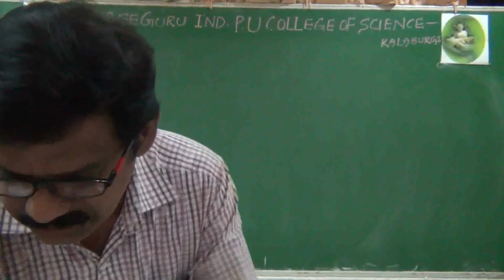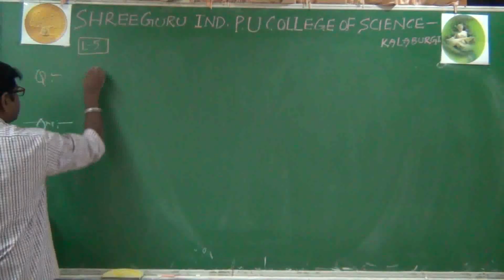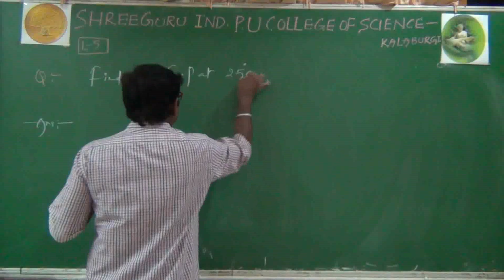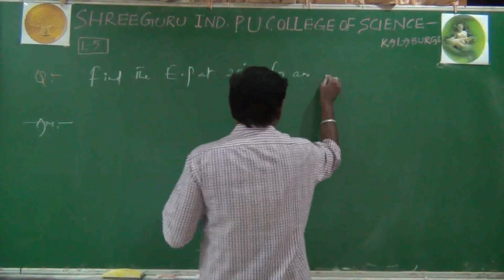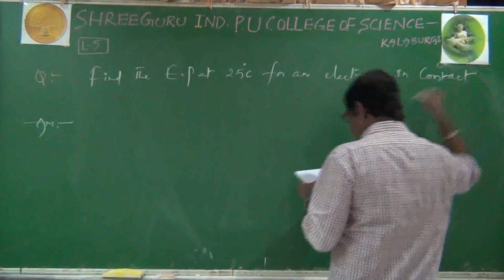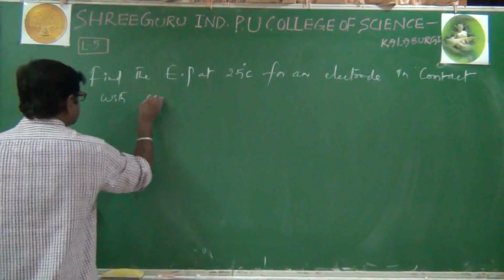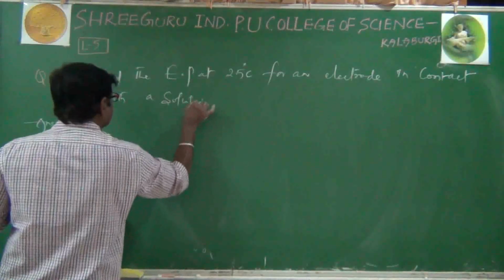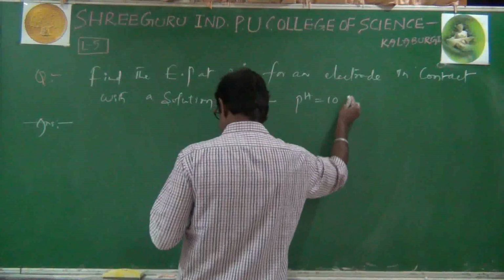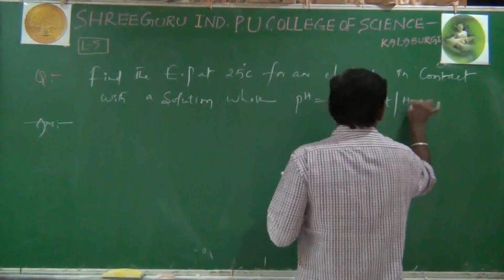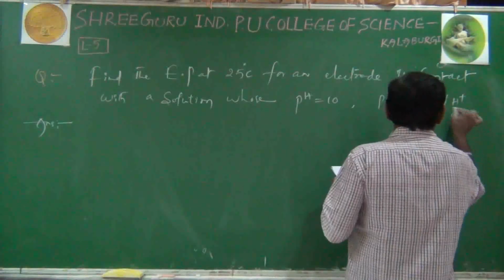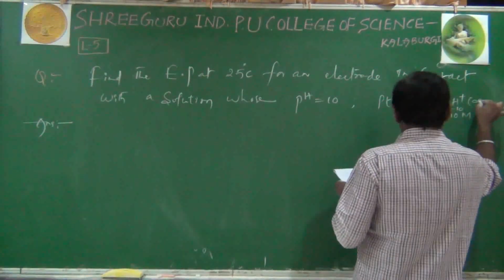Next question: Find the electrode potential at 25 degrees centigrade for an electrode in contact with a solution whose pH is equal to 10, and symbol platinum H2, 1 atmosphere gas, oblique H plus, 10 to the power of minus 10 molar. That's it.